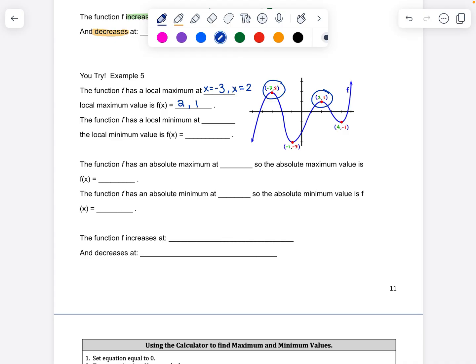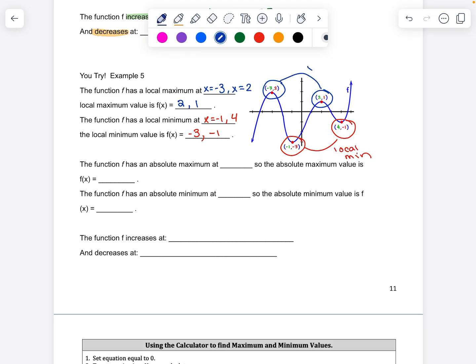The local minimums, which remember, they had to be full U's, just like these had to be full hills. We've got 2 of them here, here, and here. It has a local minimum at x equals -1 and 4, but the actual values of it are -3 and -1. So those were your local mins.